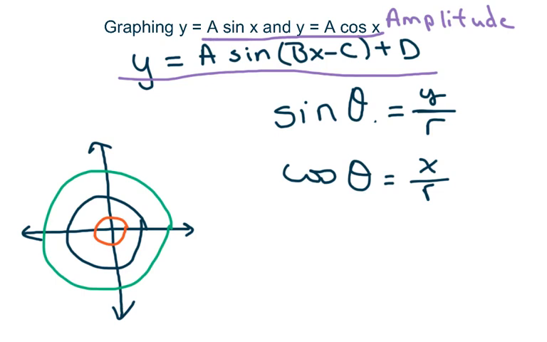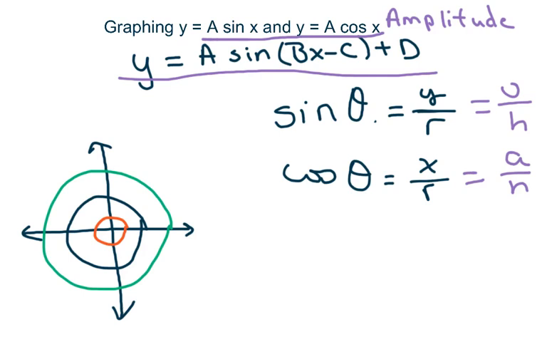You already know that sine of theta equals y over r, or some of you know this as opposite over hypotenuse, and cosine you know as adjacent over hypotenuse. I'm using this because it's based on the unit circle, and what I'm going to do is cross multiply here.